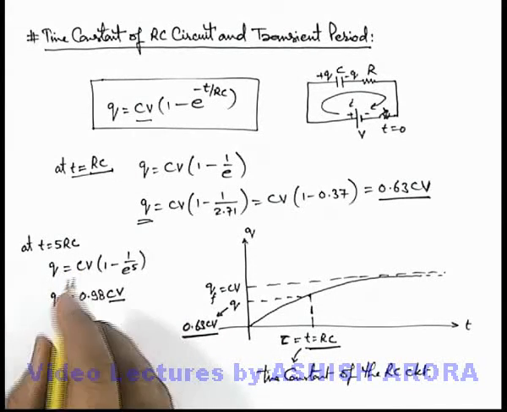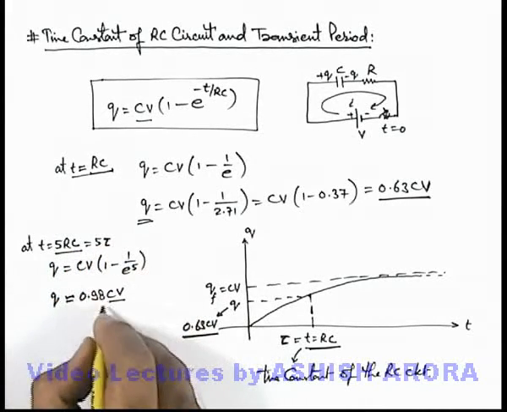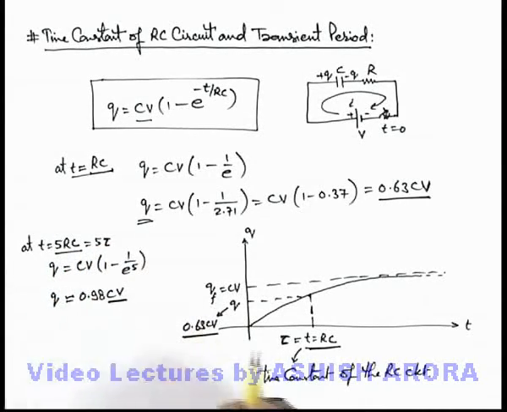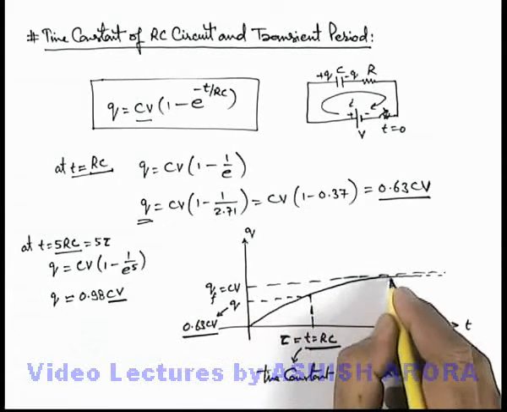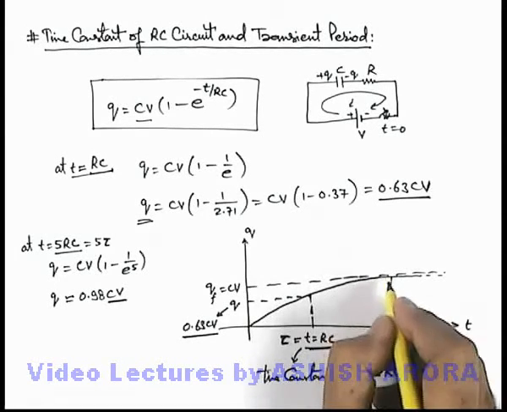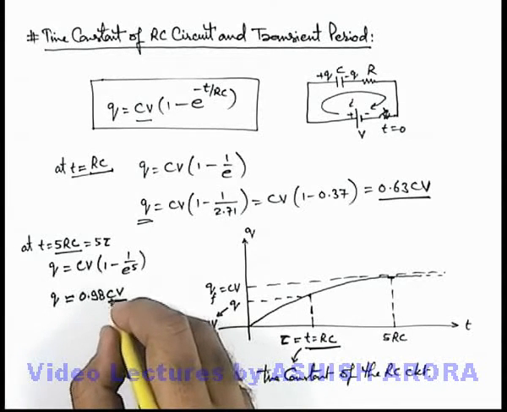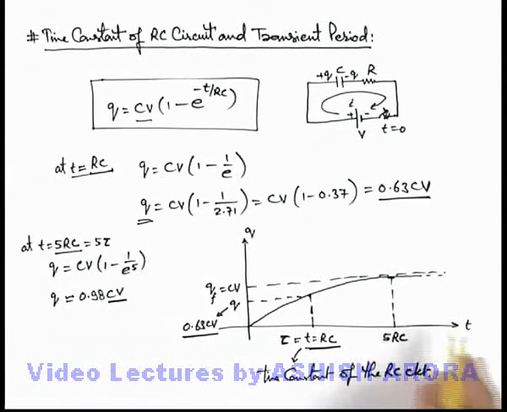So here you can see in 5 times the time constant duration, the capacitor gets charged almost up to its full value, or 98% of the steady state value. It is at 5 time constants, 5 RC, that the capacitor gets charged up to the full value, and the remaining 1-2% charge it will acquire in an almost infinite duration, which can even be neglected.